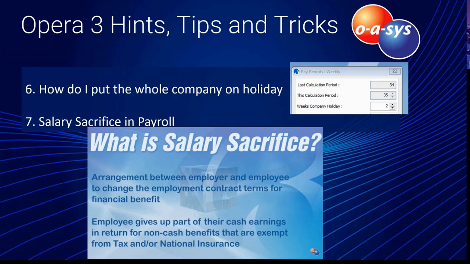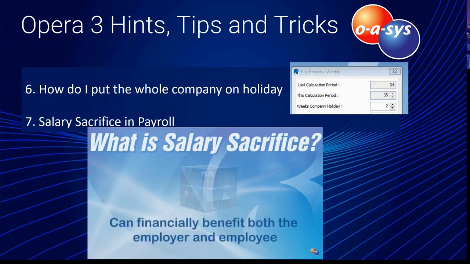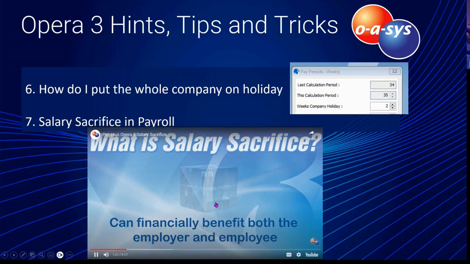So in some circumstances, salary sacrifice can financially benefit both the employer and the employee by significantly reducing tax and/or national insurance payments that are due. Some examples of salary sacrifice schemes may include pension contributions, childcare vouchers, and cycling to work schemes.